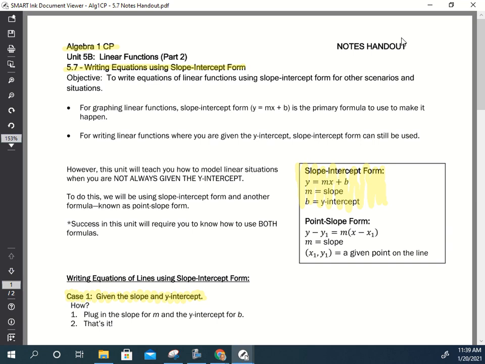We can still write the equation, write the function, but we need another way to do it. So this unit, we learn how to model situations where you are not always given the y-intercept.